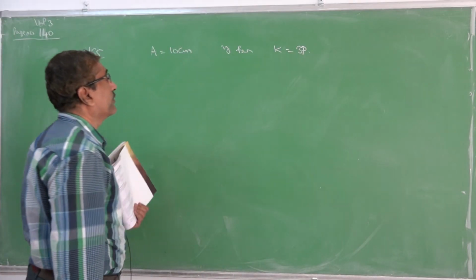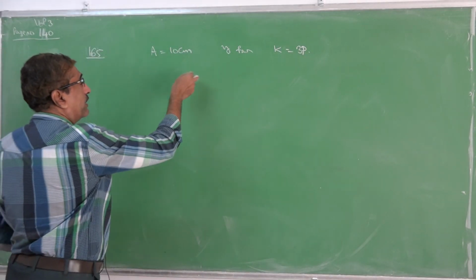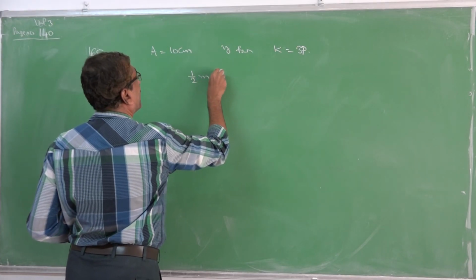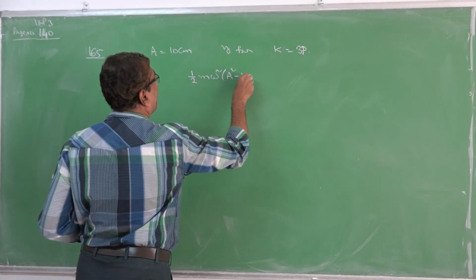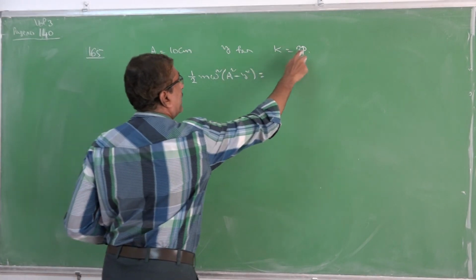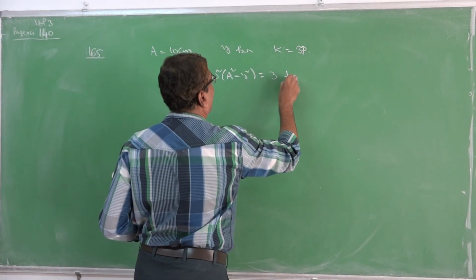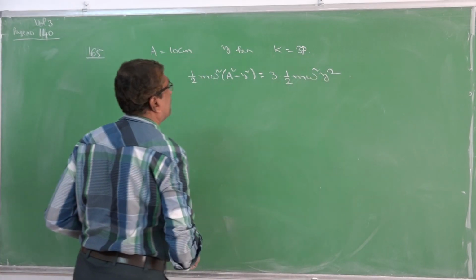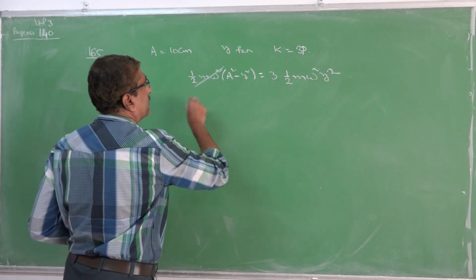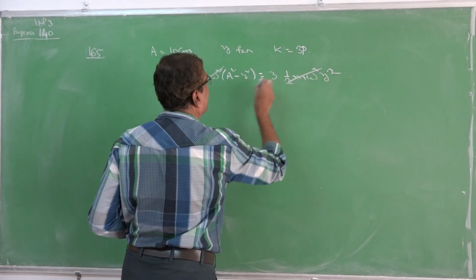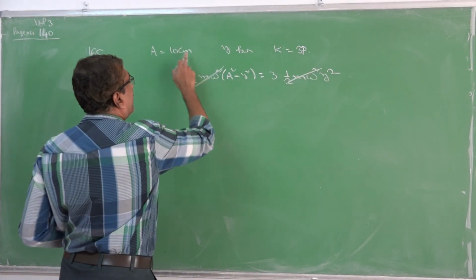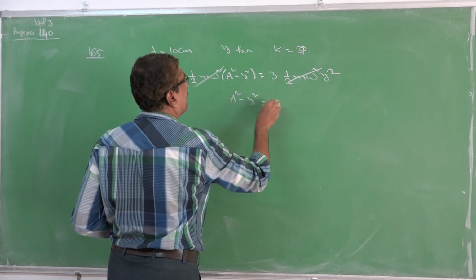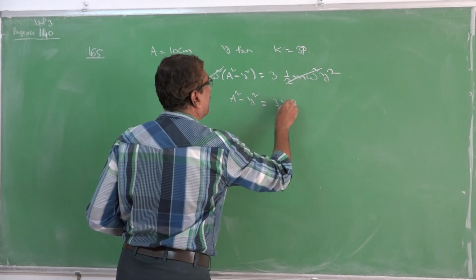Now, we can write kinetic energy as half m omega square into A square minus y square is equal to 3 times potential energy, 3 into half m omega square y square. Now, A is 10 centimeter given. A square minus y square equal to 3y square.